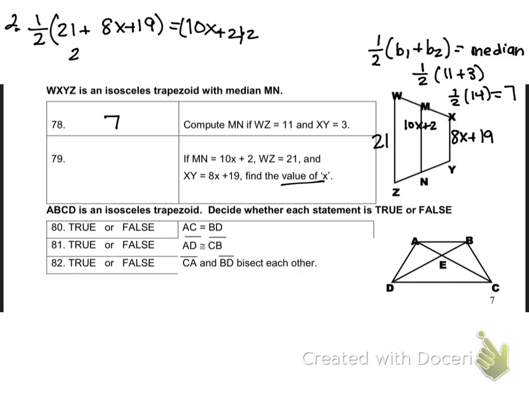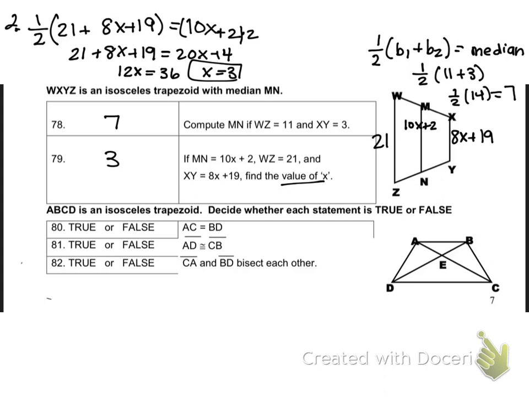So this means I'm going to have 21 plus 8x plus 19 is equal to 20x plus 4. When I combine like terms and move everything over, I'm going to have 12x equals 36. So that means x is equal to 3. So 3 in this case.